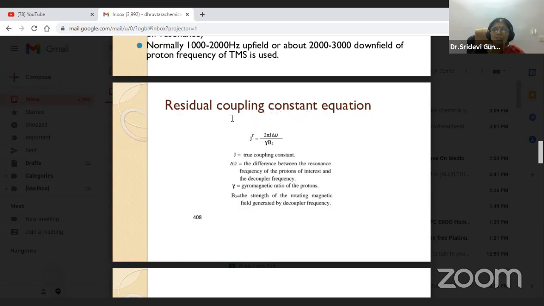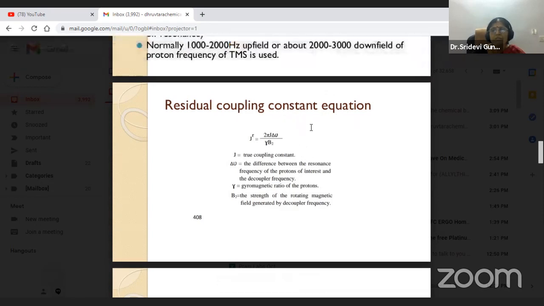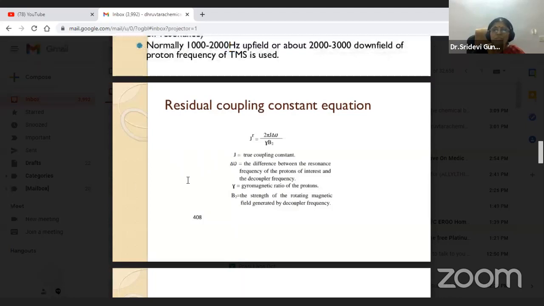Here only a small residual coupling will be observed. So the spectrum looks just like proton NMR multiplets, like triplet, doublet, quartet, etc. They look like a simple proton NMR spectrum, but here we will be observing carbon signals only.